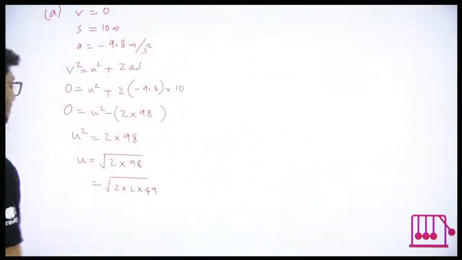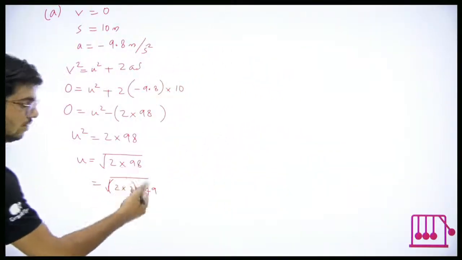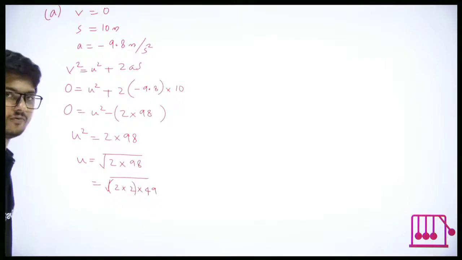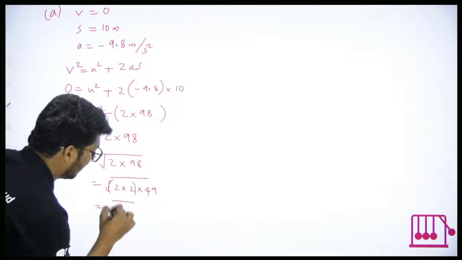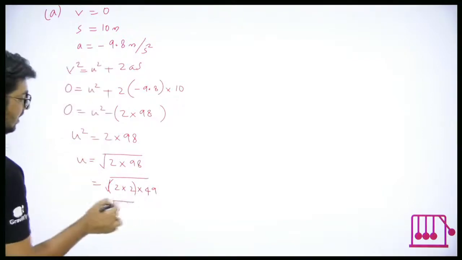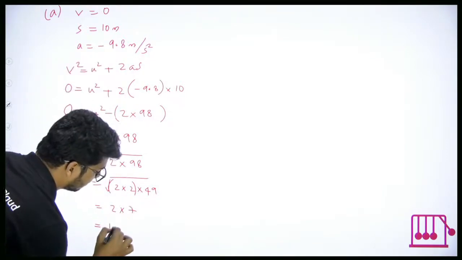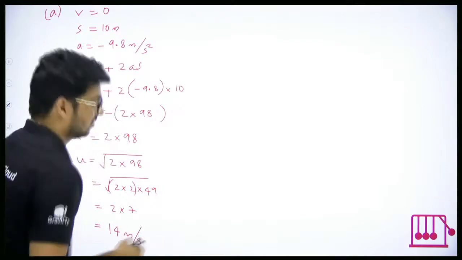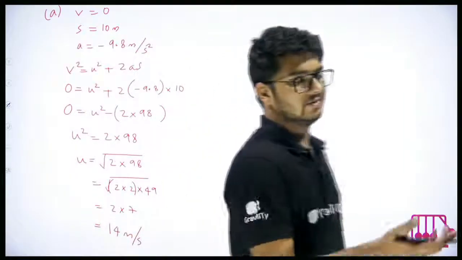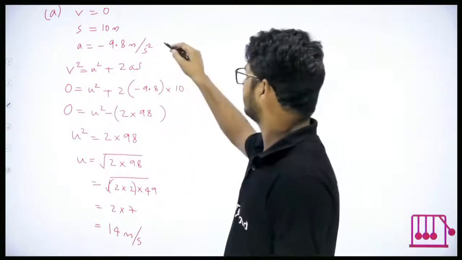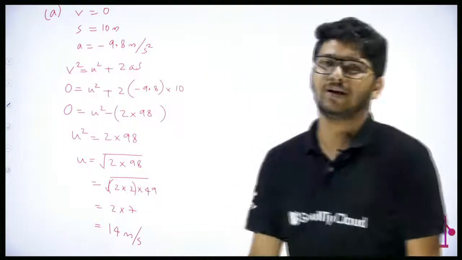And what is the beauty here? Under root of 2 into 2 is 2. Under root of 49 is 7. So the answer will be 2 into 7, that is 14 meter per second. So if we take the value of g as 9.8 meter per second square, we are getting the simpler answer.